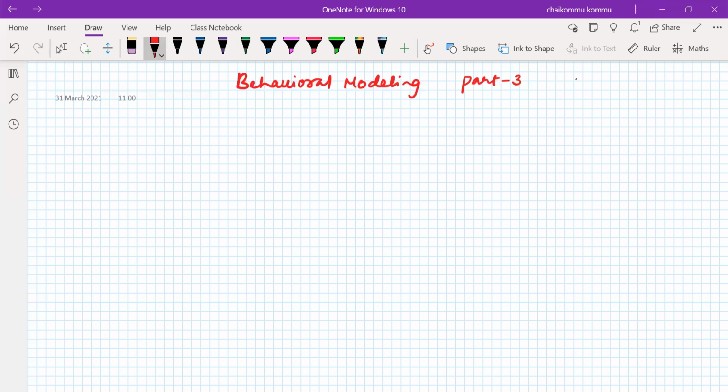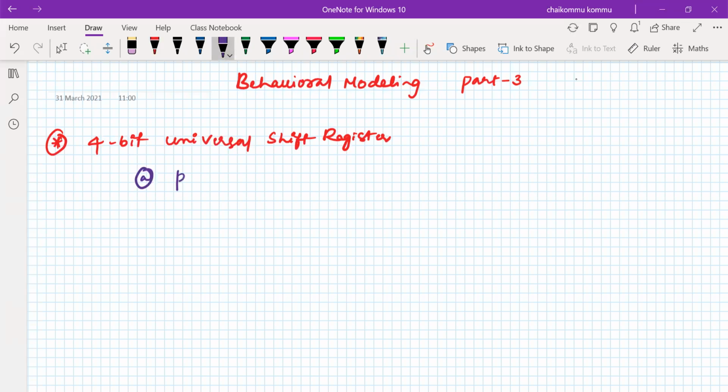In the last class, we have seen that we would like to describe a 4-bit universal shift register. So what we have said is that this has to operate for parallel loading operation.